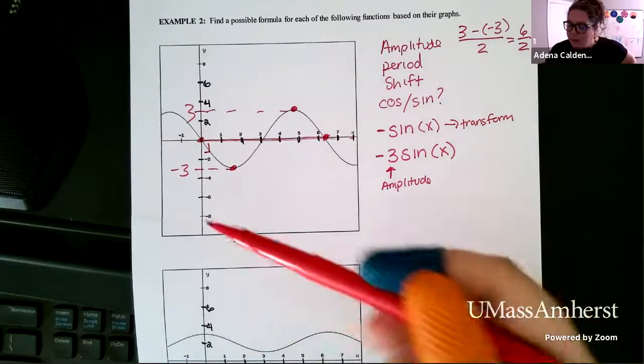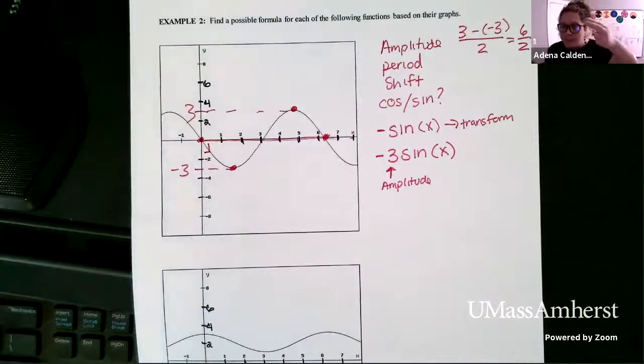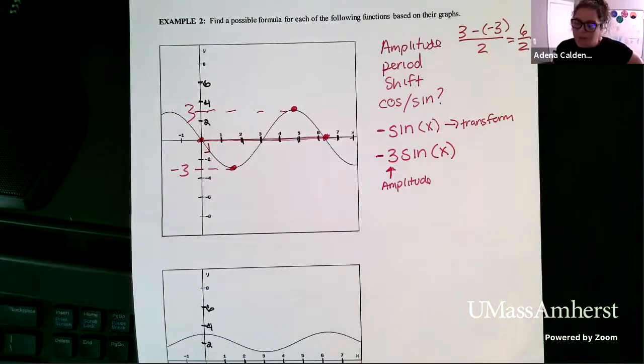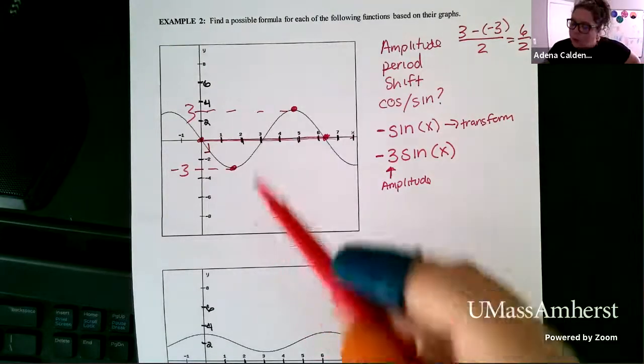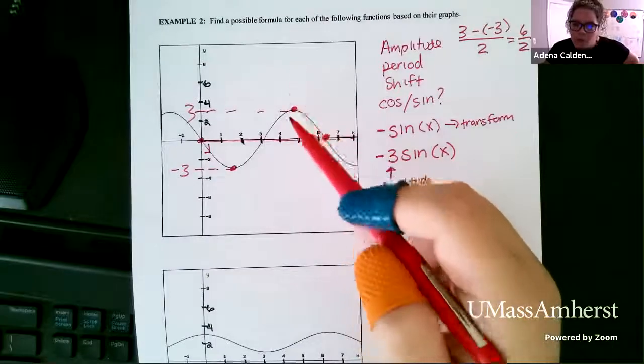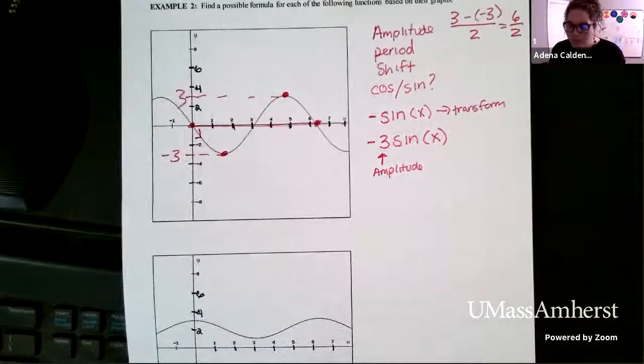But if you had something like 2 to 7, where the number is not the same in the positive and negative direction, then it's been moved up or down. So how do we figure out how much it had been moved up or down? Well, you could take the maximum value and figure out what the new max is to try to figure that out, or you can sort of reason through it.